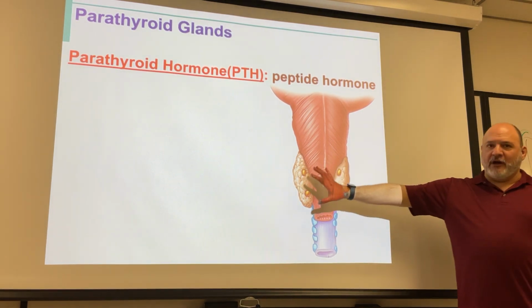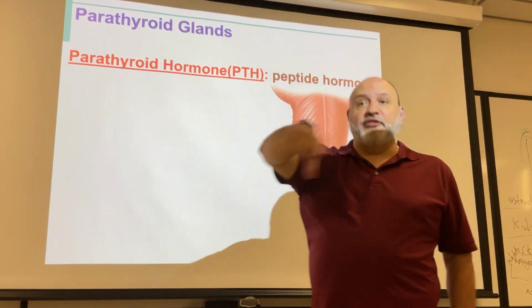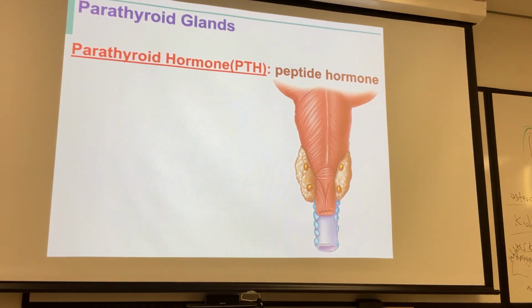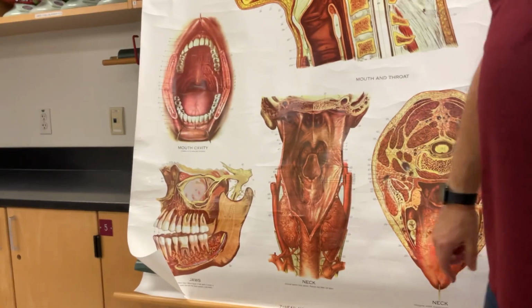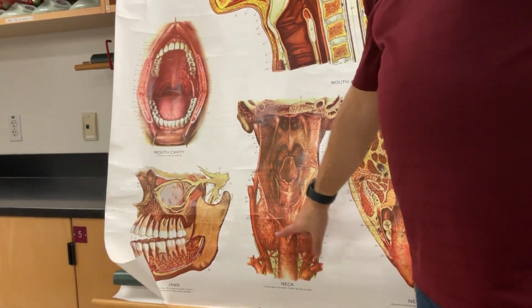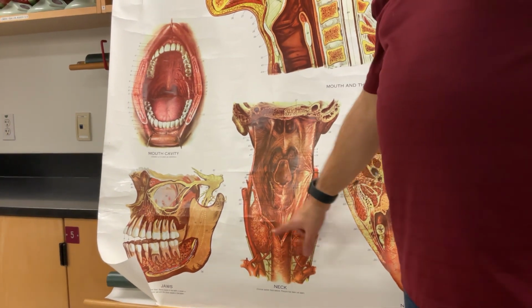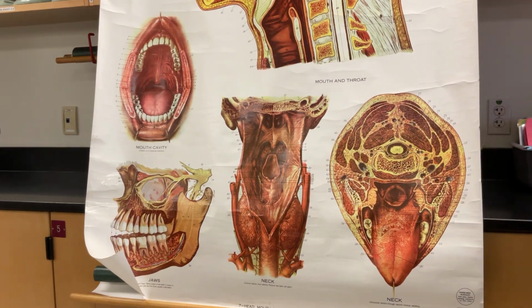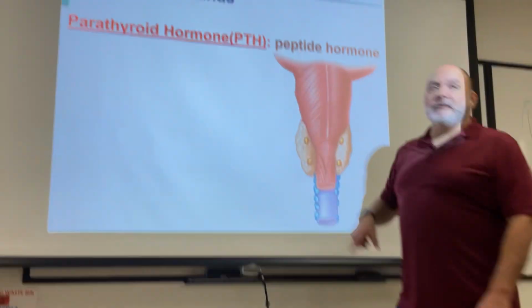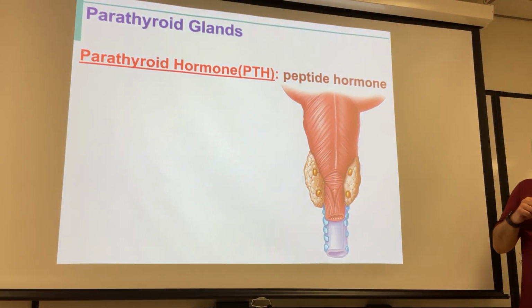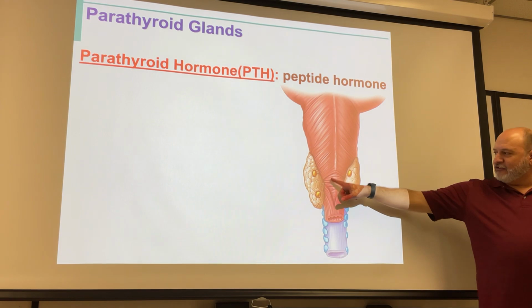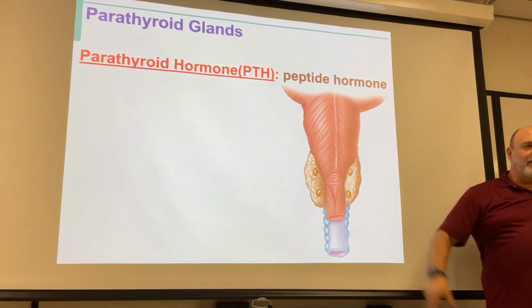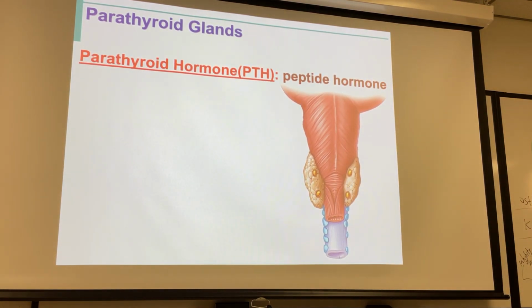Not only is it on the thyroid going around here, but also, if you look at this posterior view of the neck region on our chart, you'll see these three things that look a lot like they could be lymph nodes here on the back, but are in fact more parathyroid glands. However, they're not limited to just being on the thyroid gland. They can actually attach to the muscle or some of the connective tissue in the surrounding area as well.